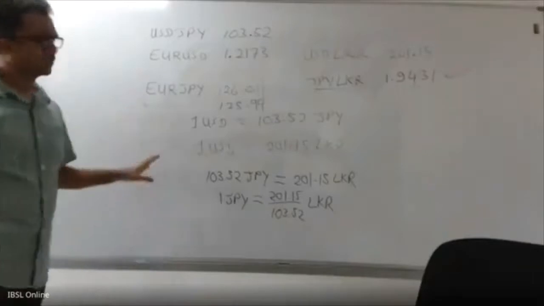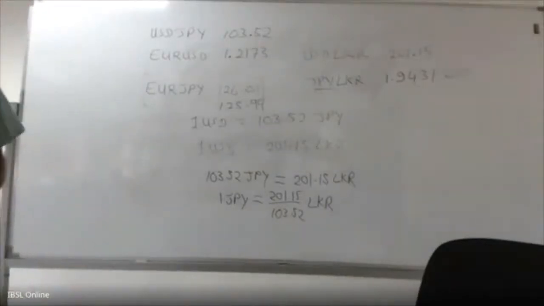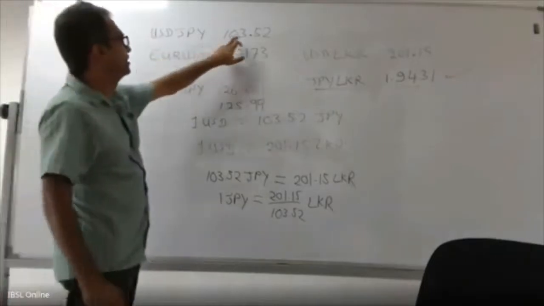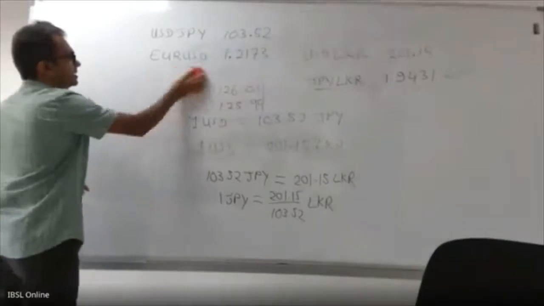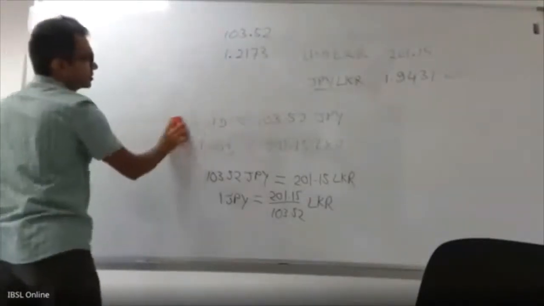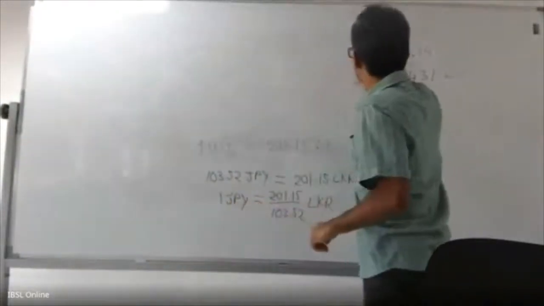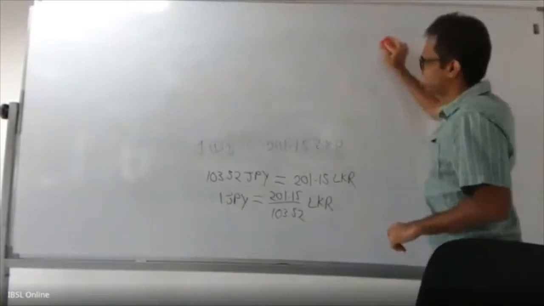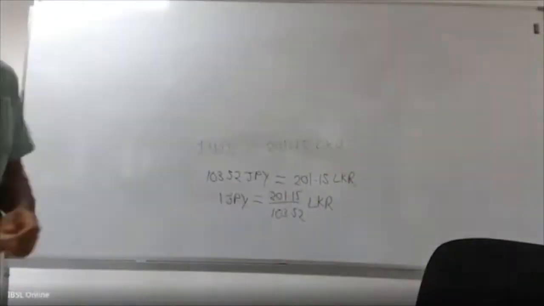Now, all these examples we did with a single exchange rate, for each pair only one rate. But in the market, you get how many quotes? When you ask for a price, you get 2 quotes, isn't it?